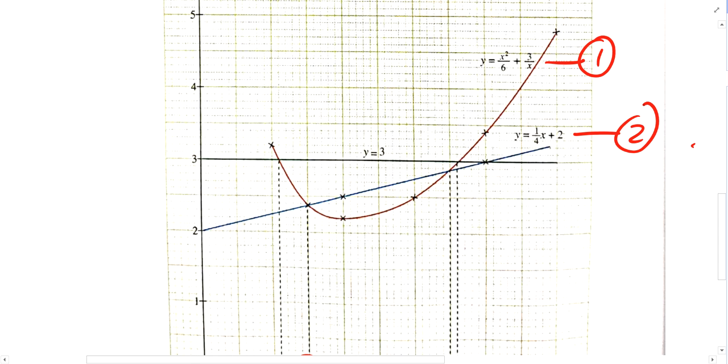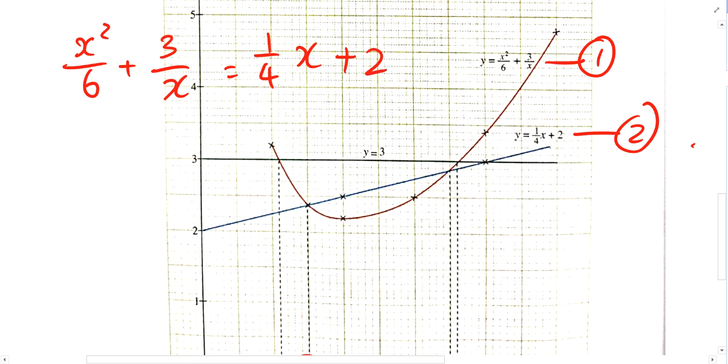Both of them have y as the subject already. Okay? So if I ask you to solve them simultaneously in A maths and you sub them into each other, what equation will you get? What will you see? What will you write? Left hand side. X squared over 6 plus 3 over x equals 1 over 4x plus 2.